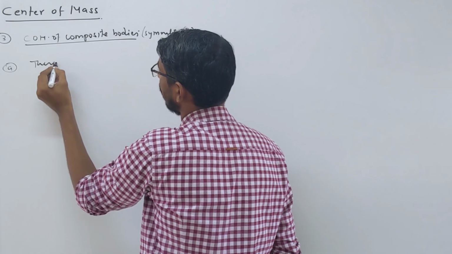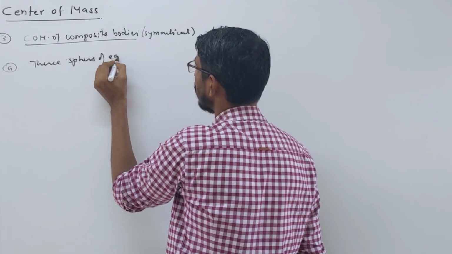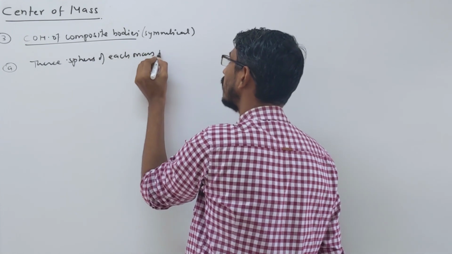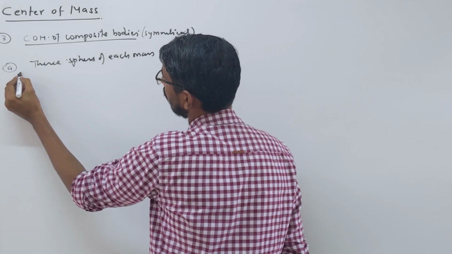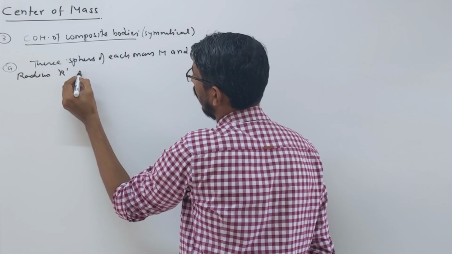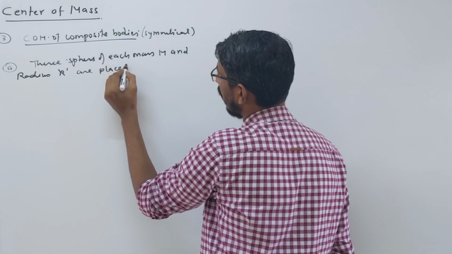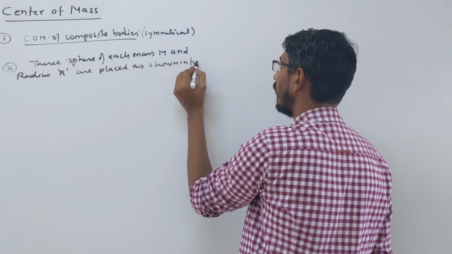Three spheres, each of mass m and radius r, are placed as shown in the figure.